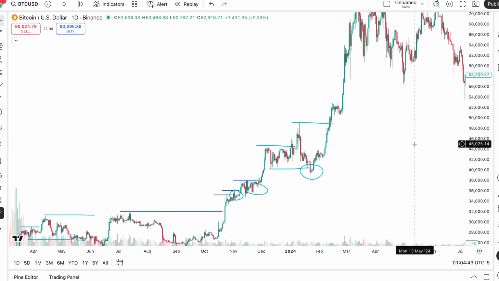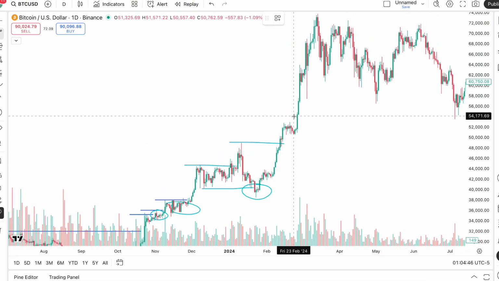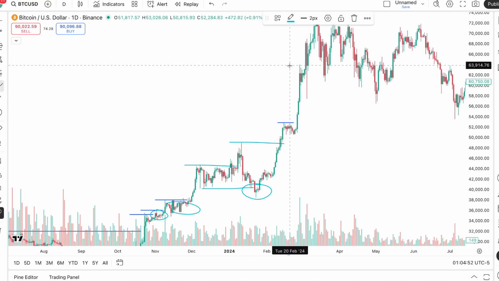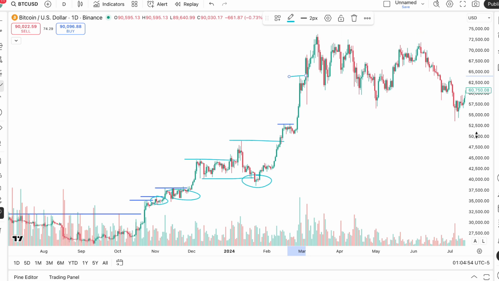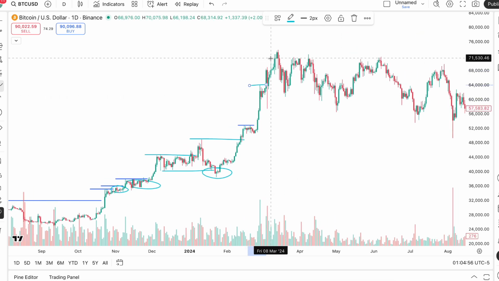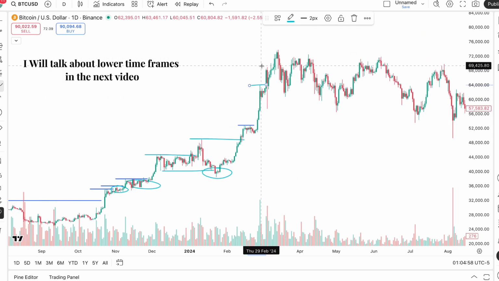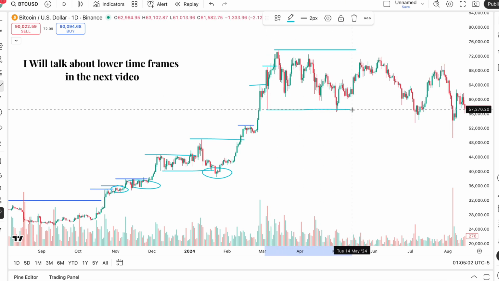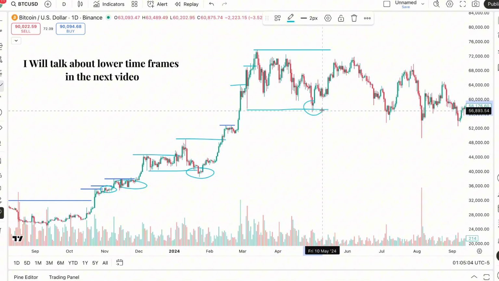Just keep marking up market structure. A high made. A high. High. That's the low. Didn't get taken. Could have taken a trade off of here because the price is still bullish.